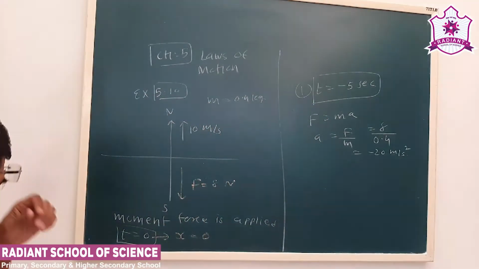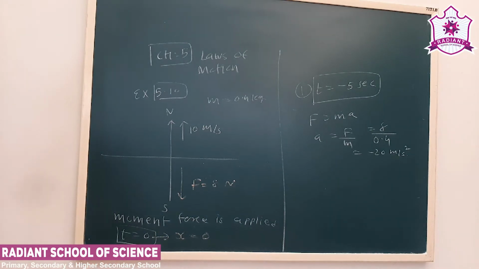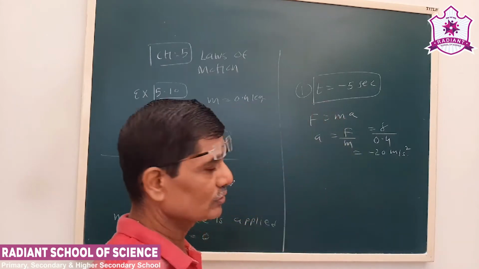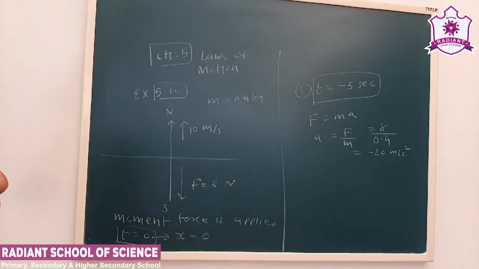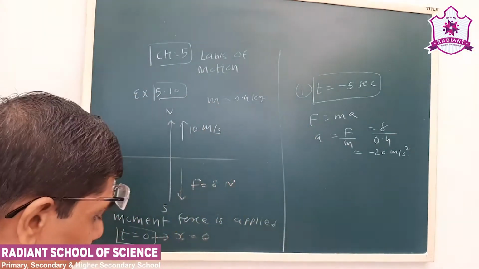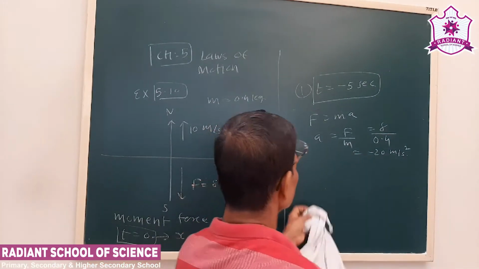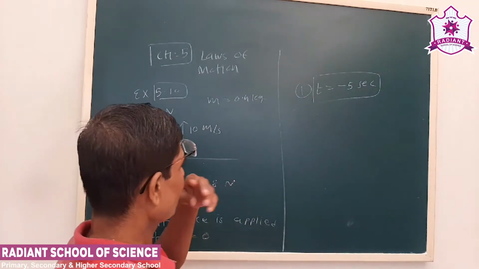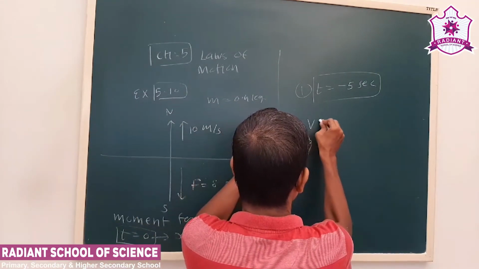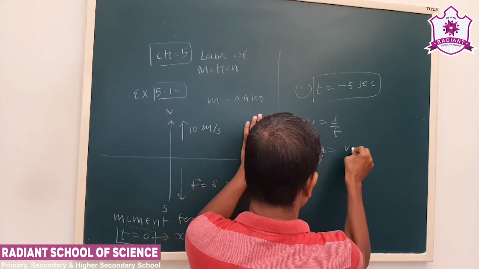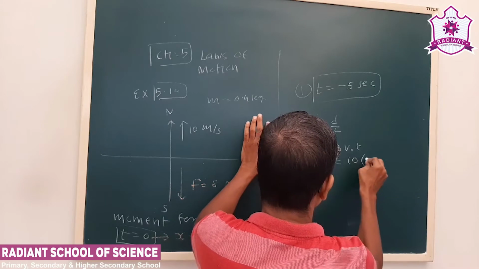So during that time, it will move with a constant velocity, so there is no impact of the force at t is equal to minus 5 seconds. That means it moves with a constant velocity. So the distance covered: v is equal to d by t, where v0 is the initial velocity, so d is equal to v0 into t. v0 is 10.